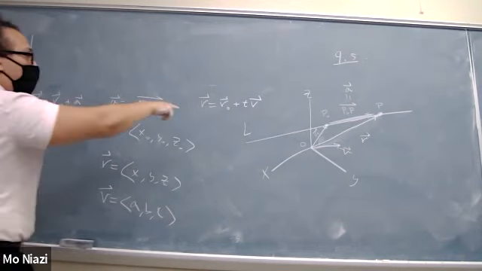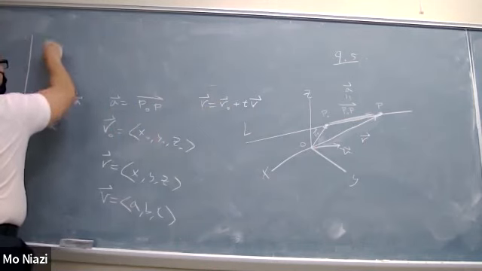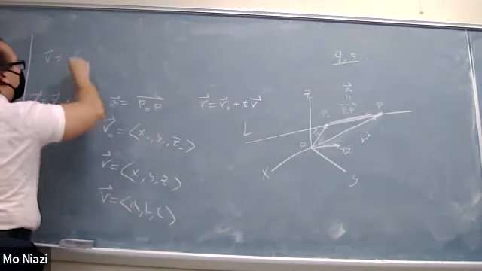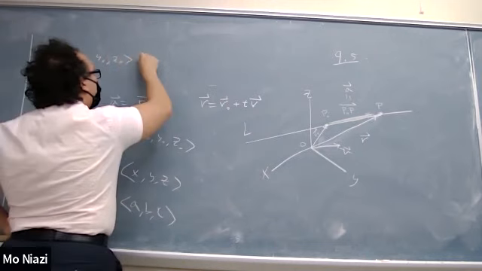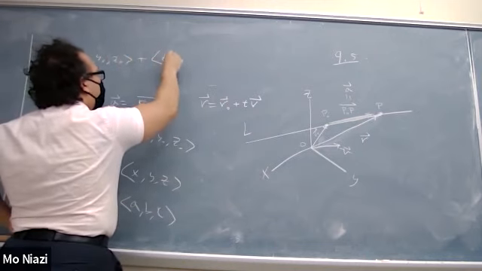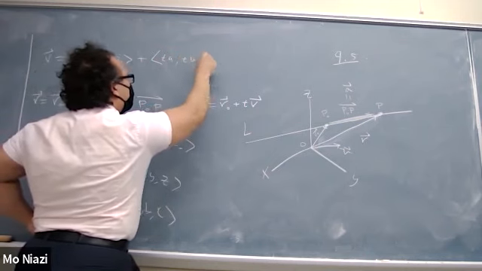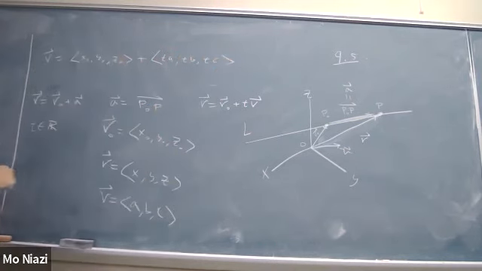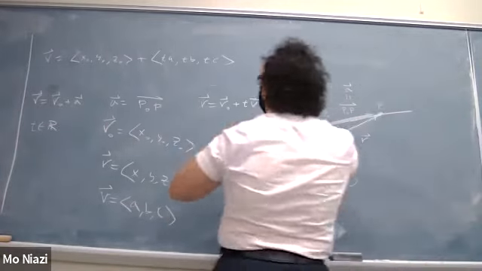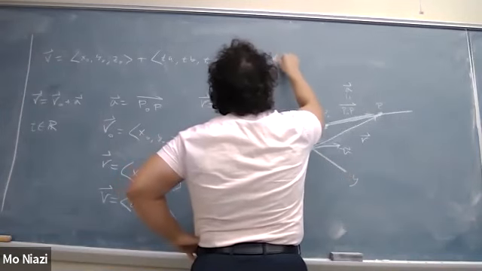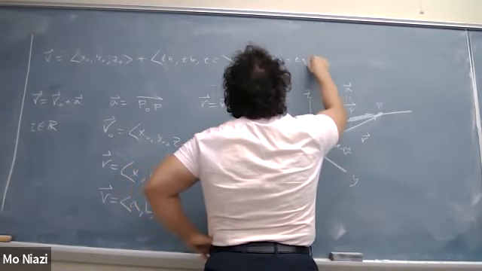Notice that if we break this apart now, r is equal to, component-wise, x naught, y naught, z naught, plus, this is now ta, tb, tc. And then when we add them component-wise, I get this is x naught plus ta.